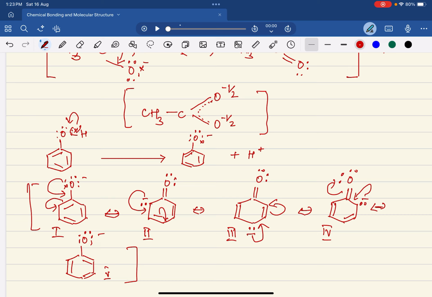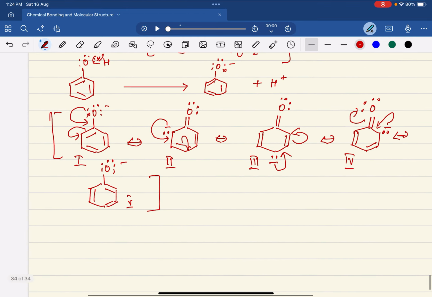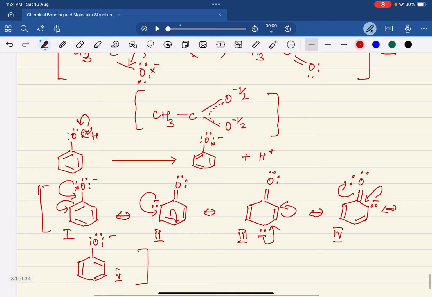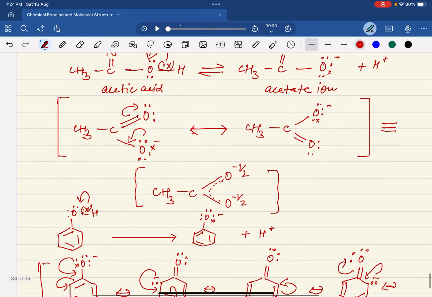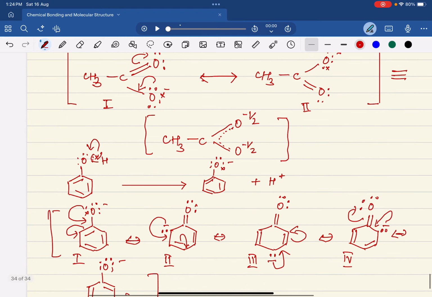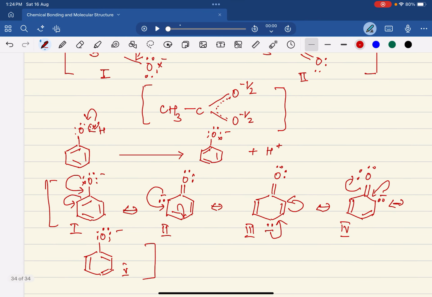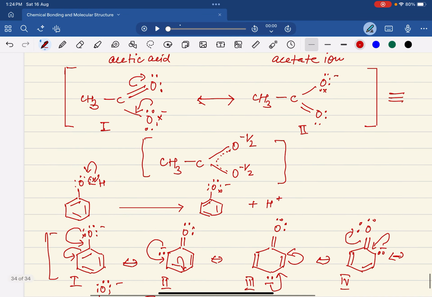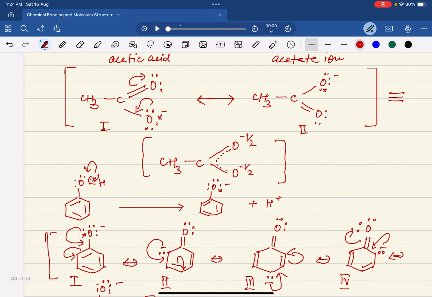Then the main question is why the stability is not directly proportional to the number of resonating structures. Like in acetate, there are only 2 resonating structures, but in the case of phenoxide, there are 5 resonating structures. But acetic acid is more acidic than phenol. Why? Because in the case of acetate, the negative charge is localized on the electronegative atom oxygen in both resonating structures.